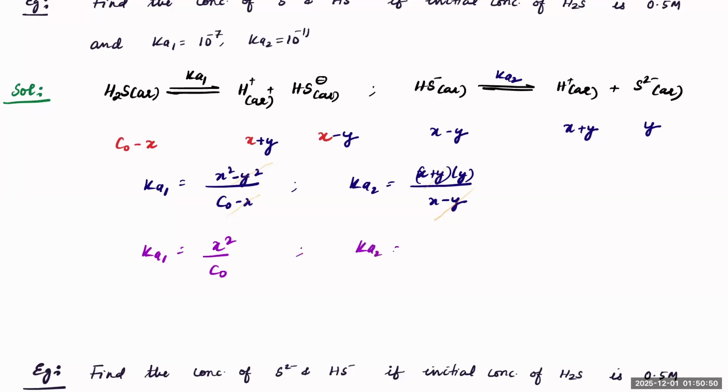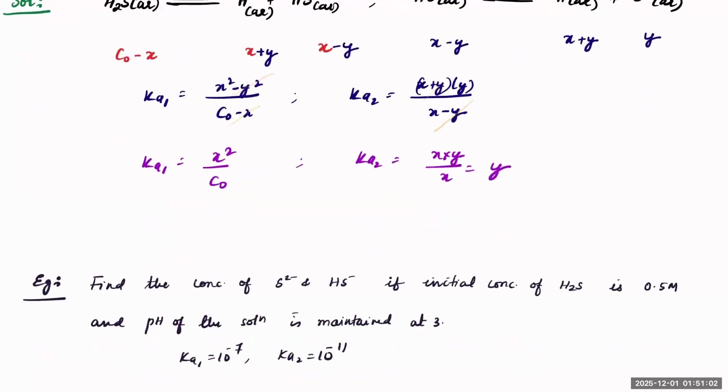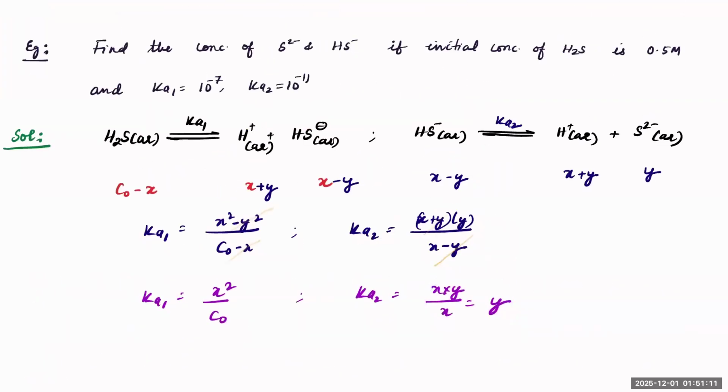Likewise, Ka2 will be equal to X into Y divided by X, which is equal to Y. So Y is that concentration. So Ka1 is equal to X square by C naught, Ka2 is equal to Y.